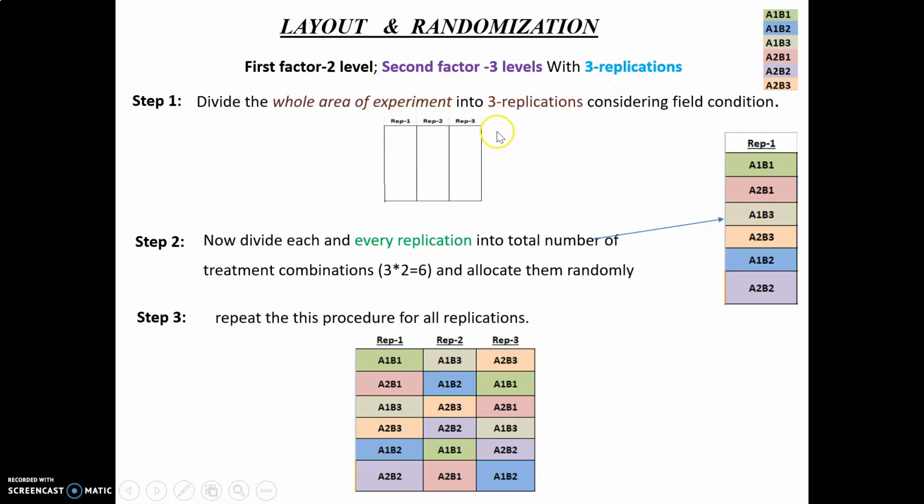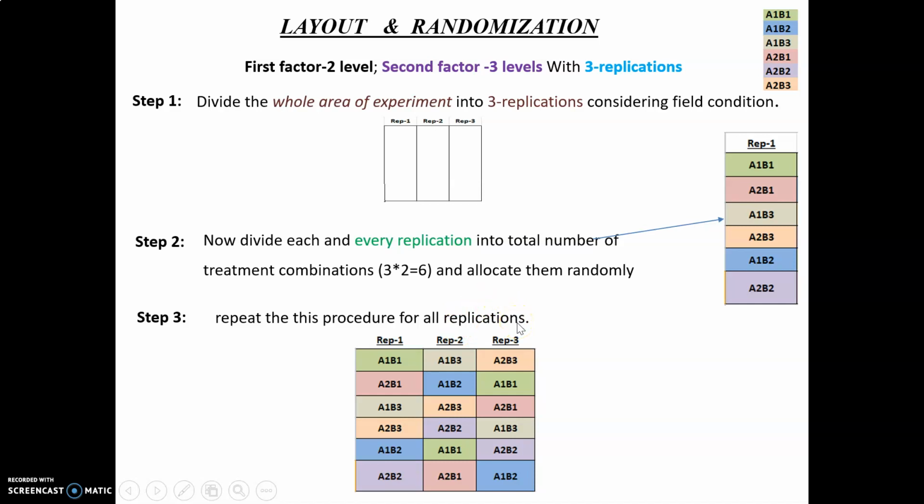In the first replication, it has to be divided into 6 plots because our available combinations are 6. So we have to divide replication 1 into 6 plots. Then we have to assign our 6 possible combinations for replication 1 in a randomized manner. After arranging in a randomized manner, we have to repeat the same randomization procedure for replication 2 and replication 3.